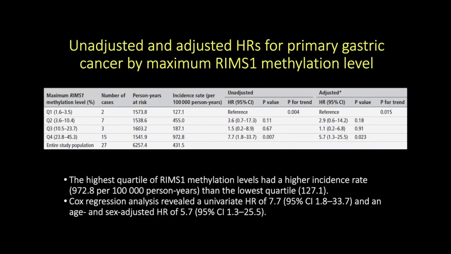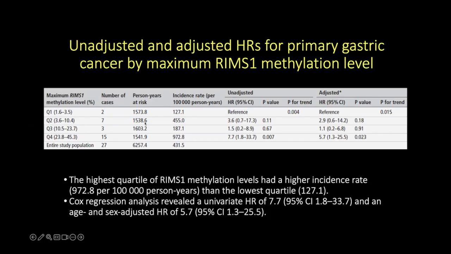When conducting comparison of the incidence of gastric cancer between patients who did and did not develop gastric cancer, and you compare the incidence according to the maximal RIMS1 methylation level, as you can see, just by looking at the numbers, patients with the highest level of methylation had the highest number of gastric cancer cases, 15 in Q4, compared with just 2 in Q1.